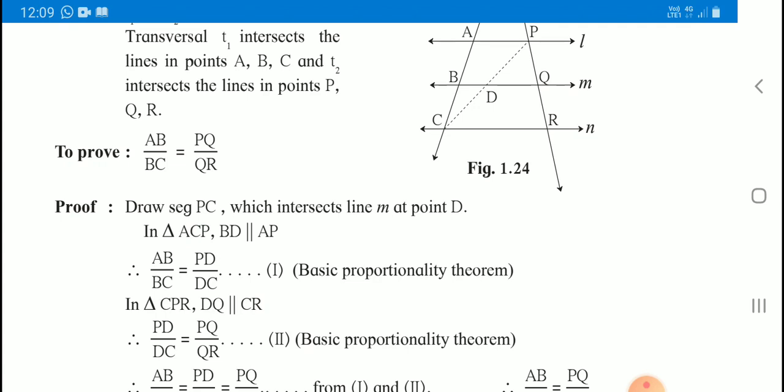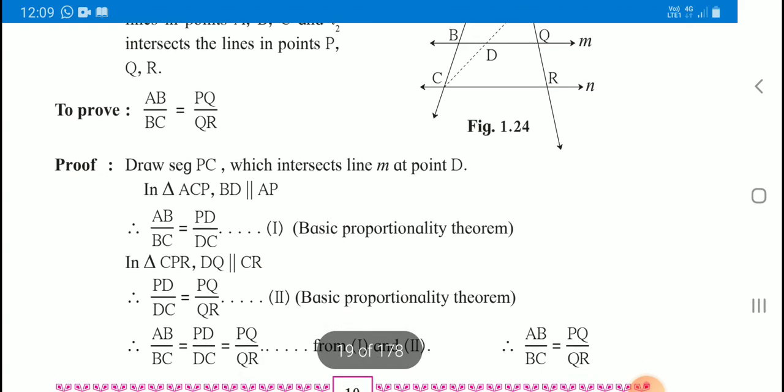If we consider the triangle CPR, then here DQ is parallel to CR. Therefore, again by the basic proportionality theorem, in this triangle we can write PD upon DC is equal to PQ upon QR. This is our equation number 2.